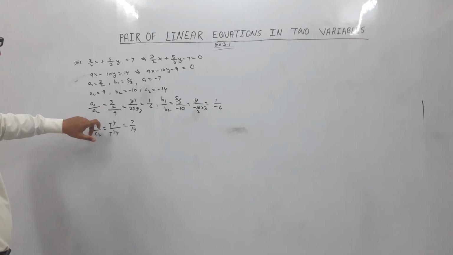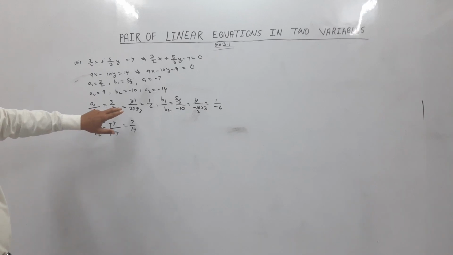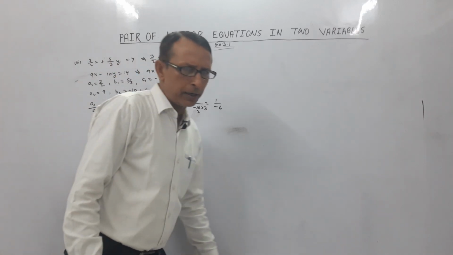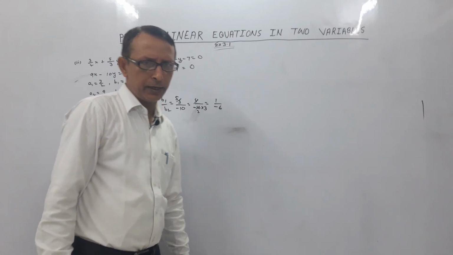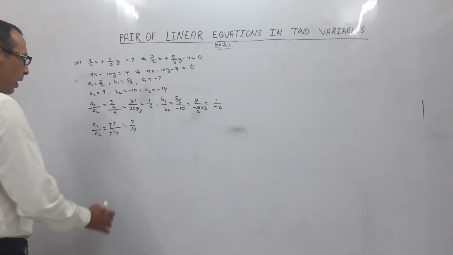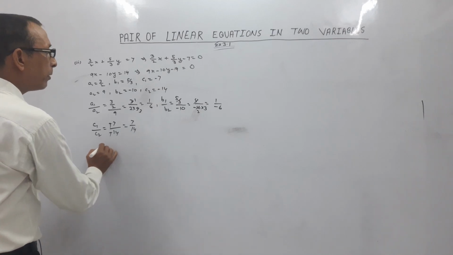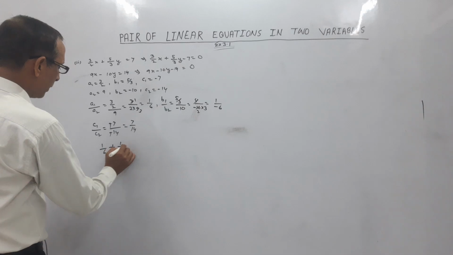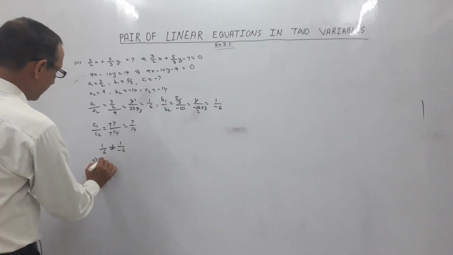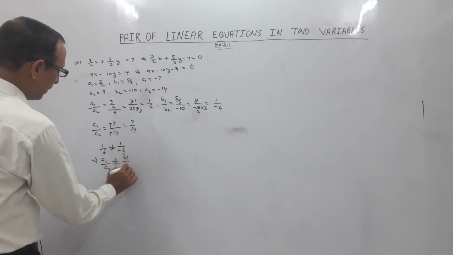Okay, so 2 comes down, 3 2s are 6. Negative here, let's verify once again in the question, there is no negative in the question. Okay, so now here look, 1 by 6 does not equal to 1 upon minus 6, so then implies A1 by A2 does not equal to B1 by B2.